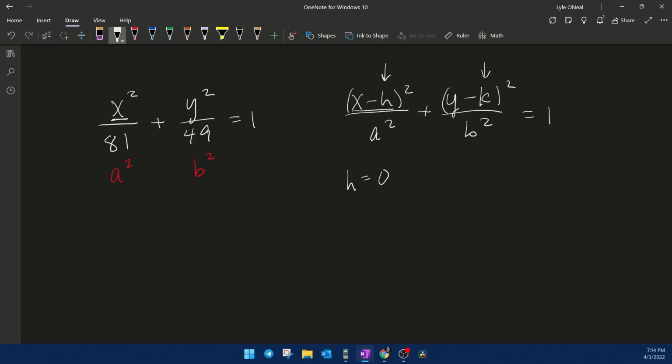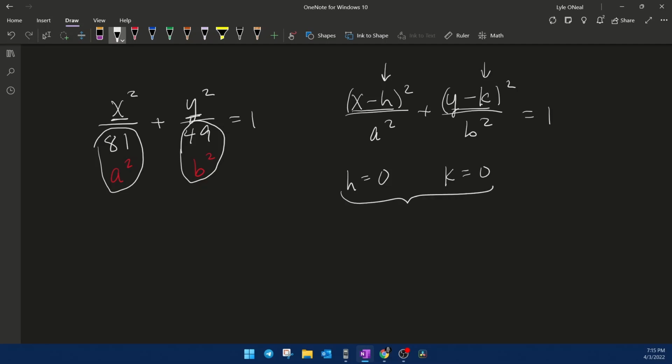And what value would k need to be so that y minus k squared simplifies to only y squared? k would also be 0 because y minus 0 is y. We've already determined that a squared is 81 and b squared is 49. At this point, I believe we have enough information to get started.